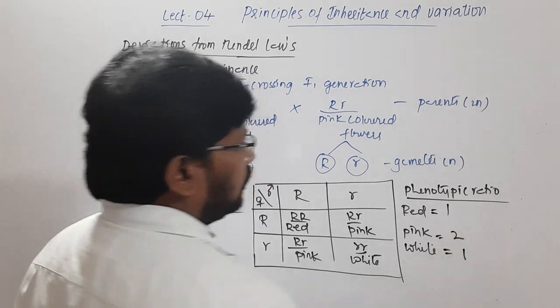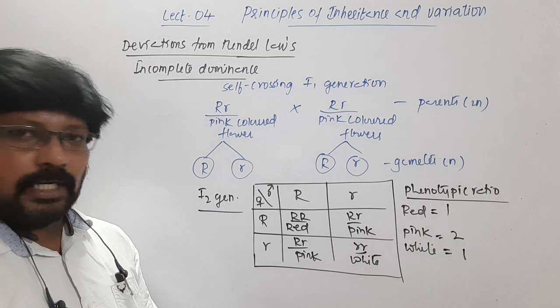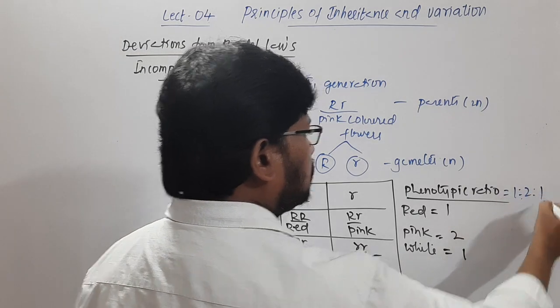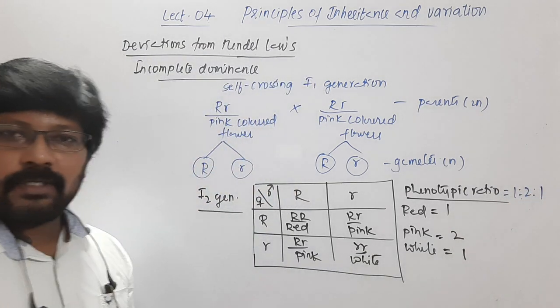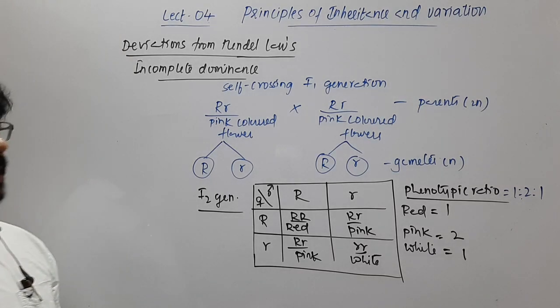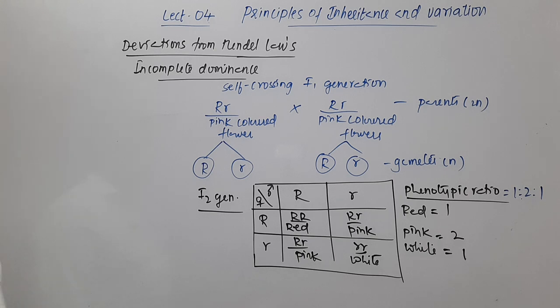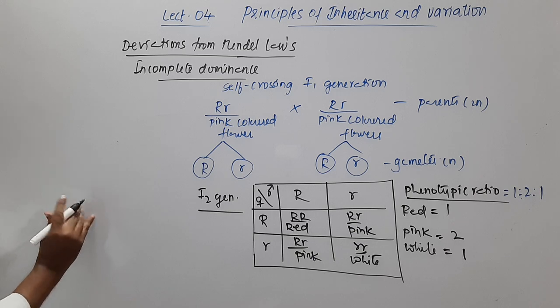So the phenotypic ratio of incomplete dominance is 1:2:1. And coming to the genotypic ratio.